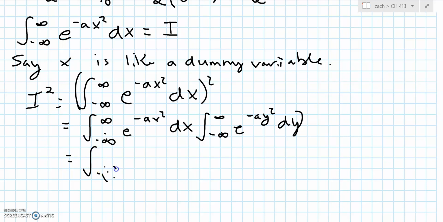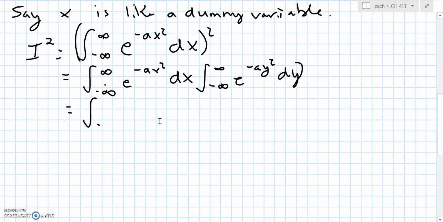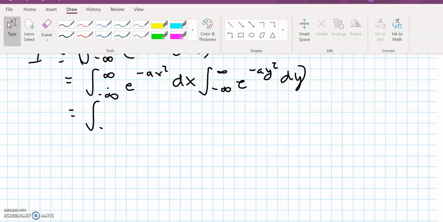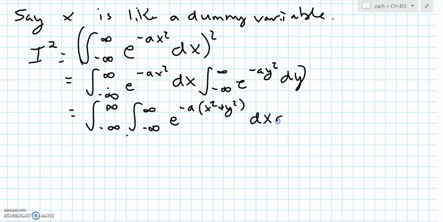We get the integral from minus infinity to infinity, and again the integral from minus infinity to infinity of e to the minus a times x squared plus y squared dx dy.